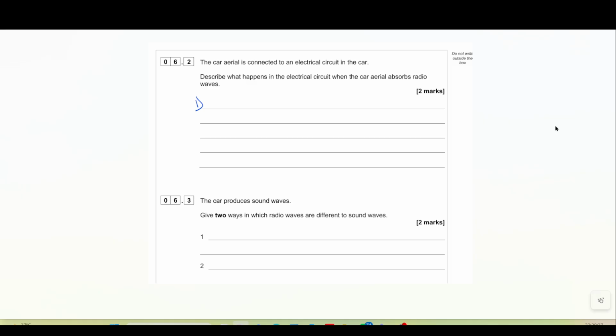Electrons oscillate at the same frequency as the radio wave. So electrons oscillate at the same frequency as the radio waves.